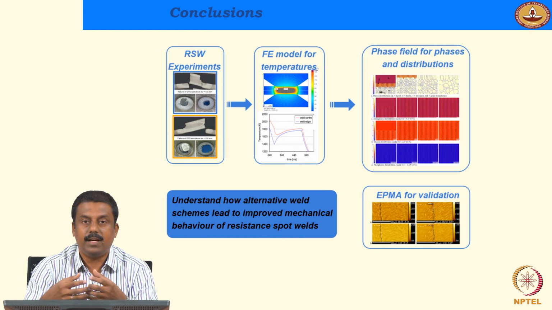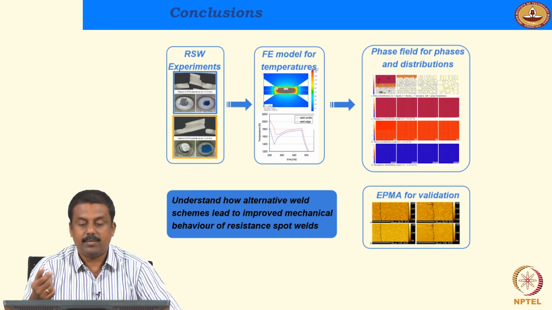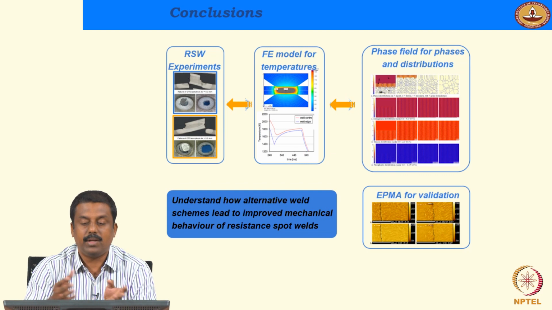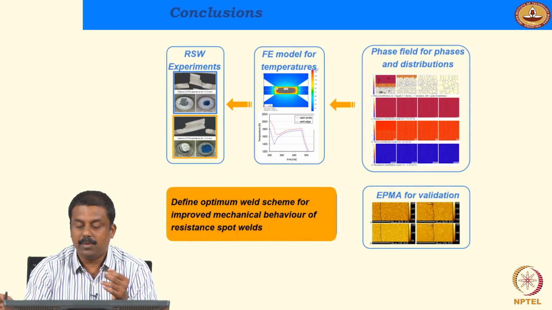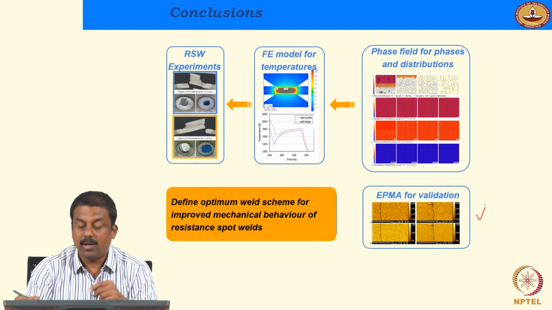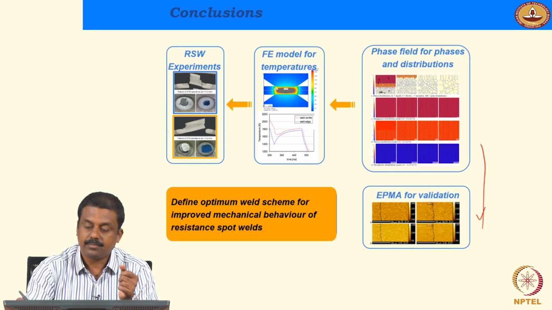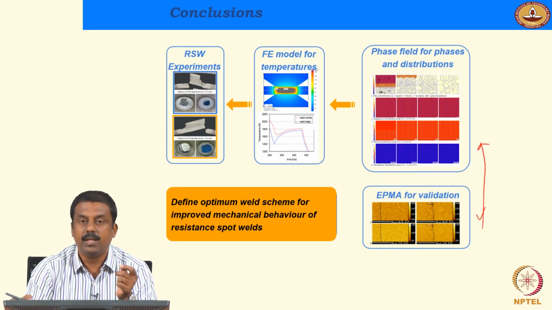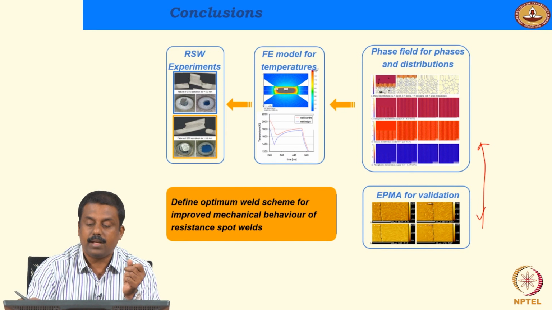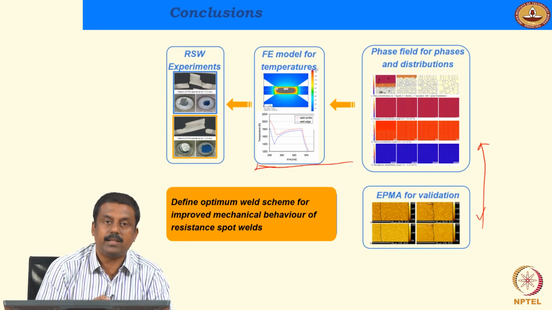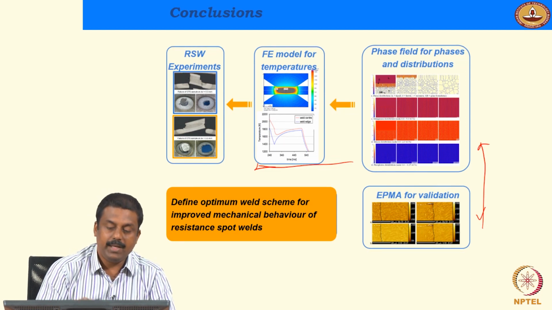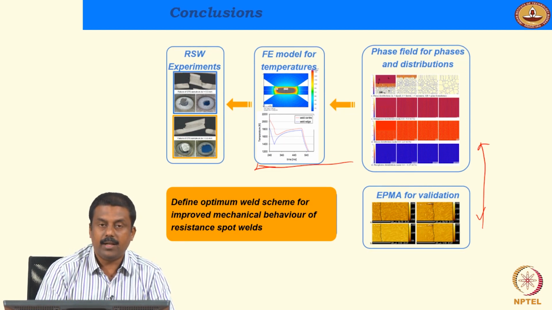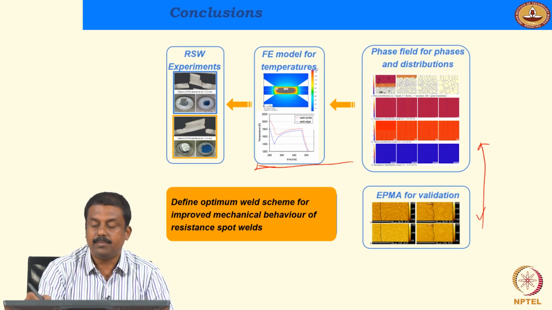Once you understand that, instead of playing around with the welding parameters to get better mechanical properties, you know what microstructure you want, what segregation, how homogeneous the elemental distribution should be, and then we can understand the microstructure evolution and which thermal cycle can give you this homogenization, and subsequently you can have a thermal cycle predicted to get these microstructures.